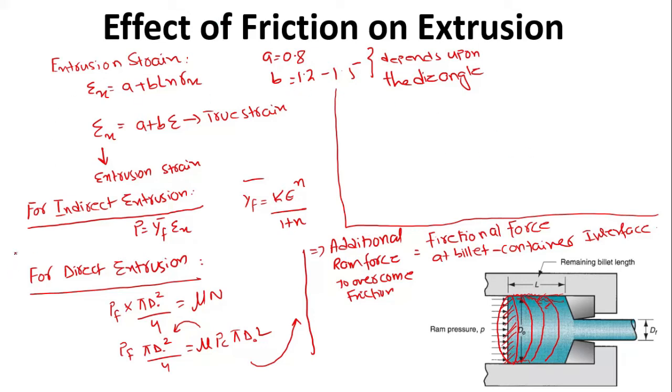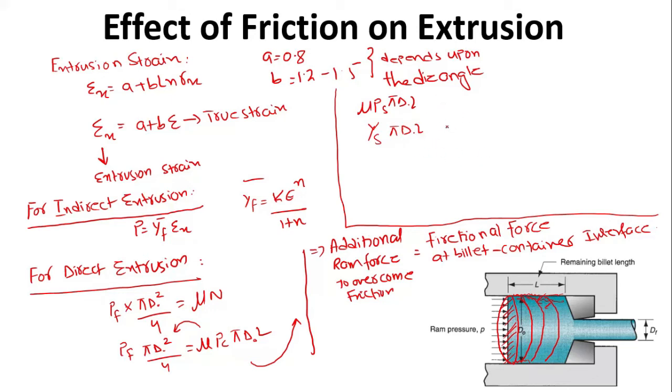So you can rewrite the right hand side, because we can rewrite this friction force as a shearing pressure that is great enough to cause shear of the material, times pi d naught L, right? So this is equal to the shear strength of the material times pi d naught L along this whole surface, right?